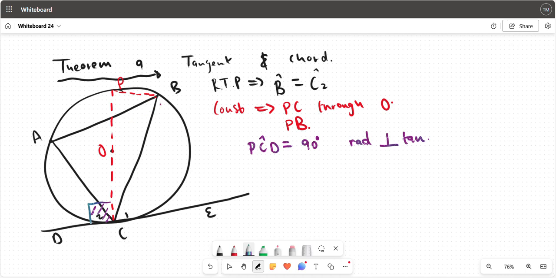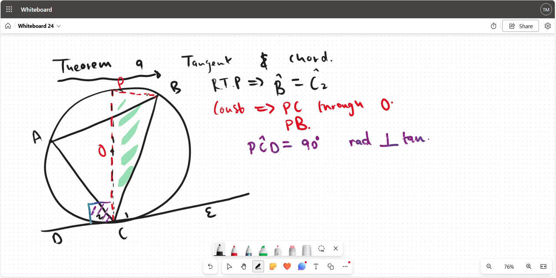Then another thing I need to state is that within this triangle here, the green triangle, what I'm noticing is that since this guy is a diameter, any diameter subtends 90 degrees onto your circumference.